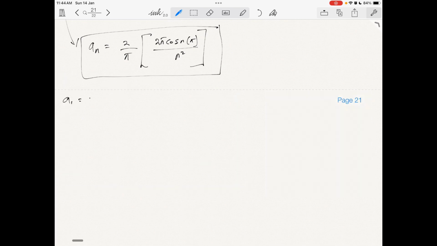So a1 is equal to 2 over pi multiplied by 2 pi, because wherever we see n we put 1, over n squared as 1 squared.